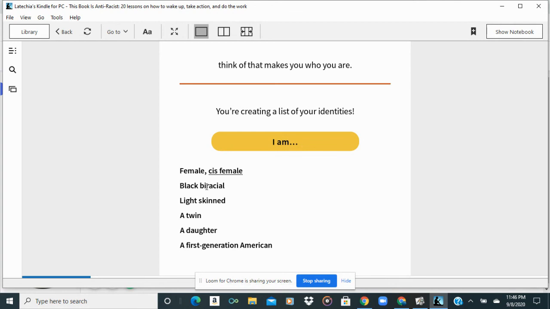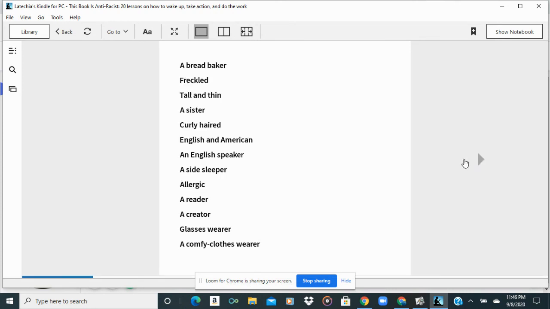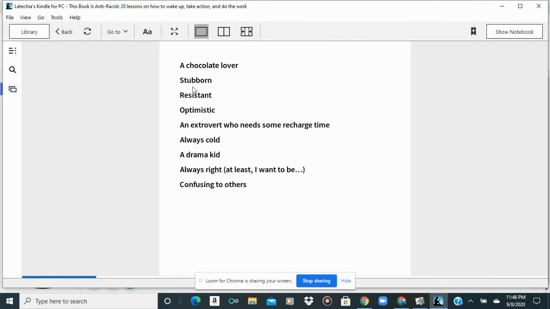So the author said she was female, cis female, black biracial, light-skinned, a twin, a daughter, a first-generation American, a bread breaker, freckled, tall and thin, a sister, curly-haired, English and American, an English speaker, a side sleeper, allergic, a reader, a creator, glasses wearer, a comfy clothes wearer, a chocolate lover, stubborn, resistant, optimistic, an extrovert who needs some recharge time, always cold, a drama kid, always right, at least I want to be, confusing to others.